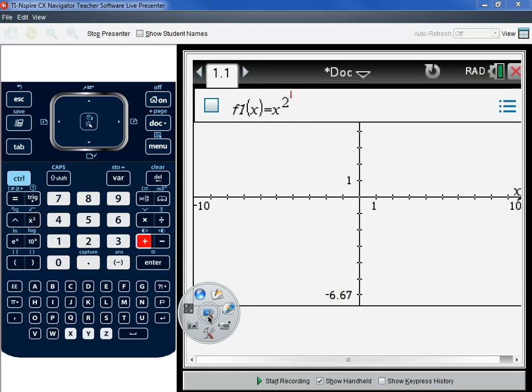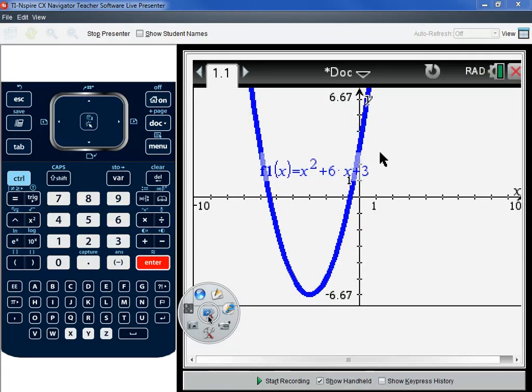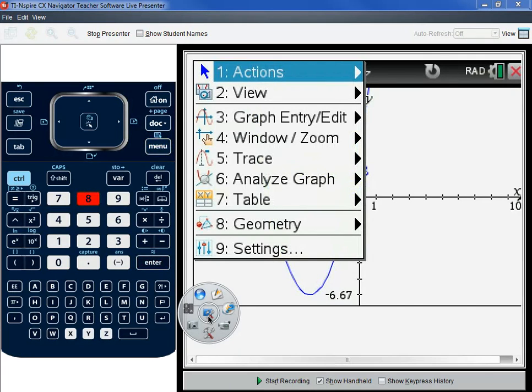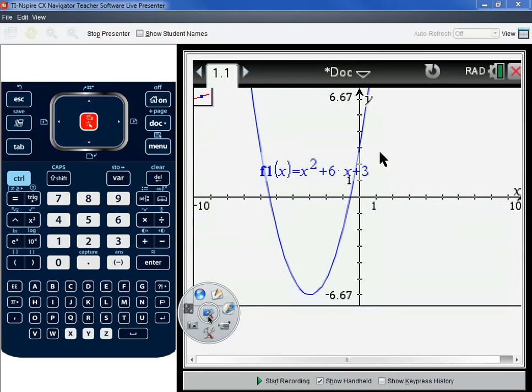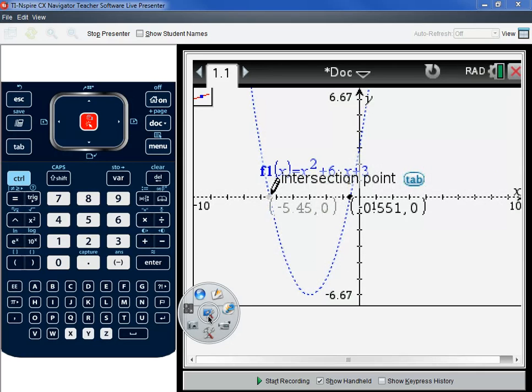X squared plus 6x plus 3. And I'm going to put a couple of points on that. I want my point on the graph of F1, and I want it right there. And I want another point on the graph of F1, and I want it right there.